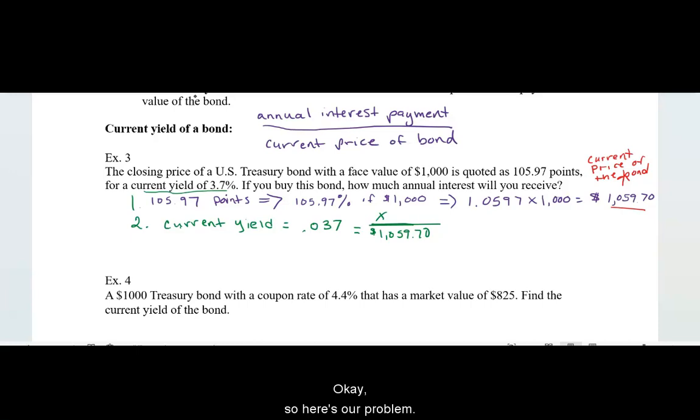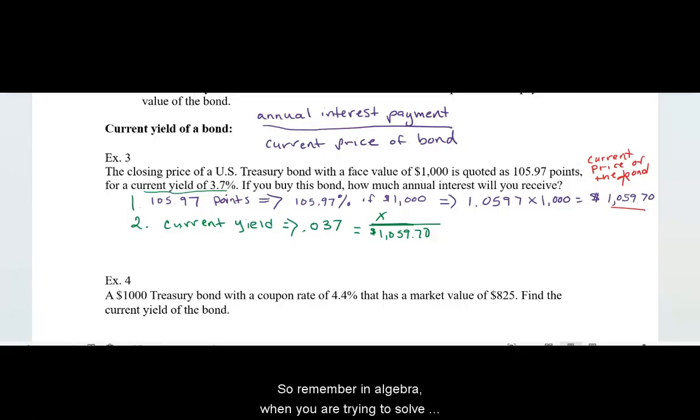Okay, so here's our problem. We're taking the current yield, which it already gave to us. The current yield is 3.7%, equals the annual interest payment, which we don't know what that is, divided by the current price. Now we have to solve for X. This one's a little different than all the problems we've been doing because notice you're doing X divided by the number.